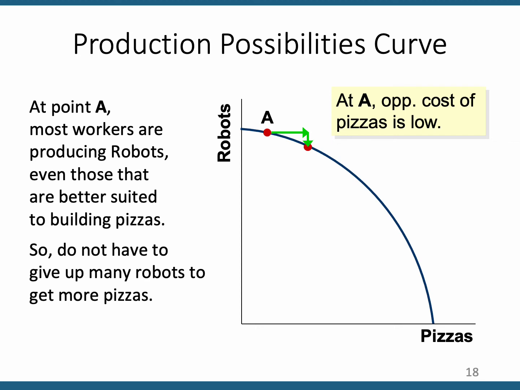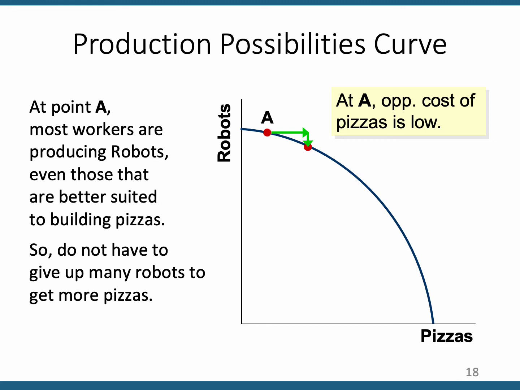And if you're going from point A to the unlabeled point B, what's the situation there? Well, you're producing now fewer robots, right? A little bit fewer, slightly fewer, but you're producing a lot more pizzas. You're doubling, you're moving twice as far along the horizontal axis, right? Well, take a look at these green arrows.